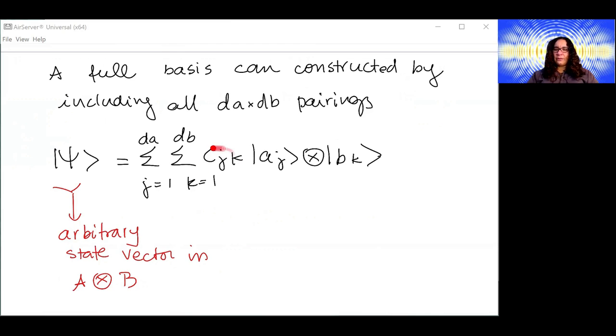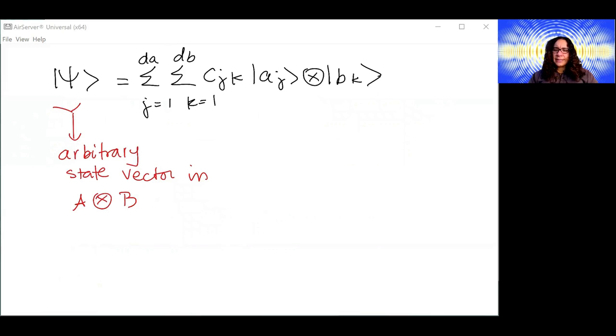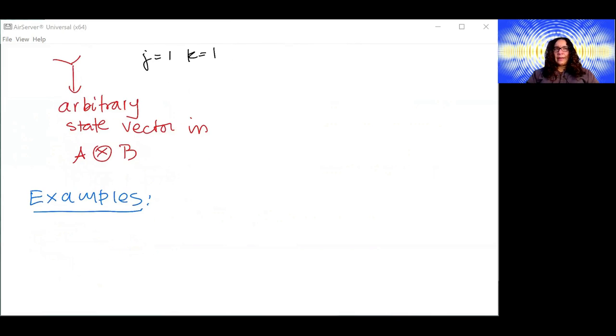And if you are wondering where these things occur in practice, one may have, for instance, many particles. So you could say, for instance, that system A is one particle, system B is another particle.